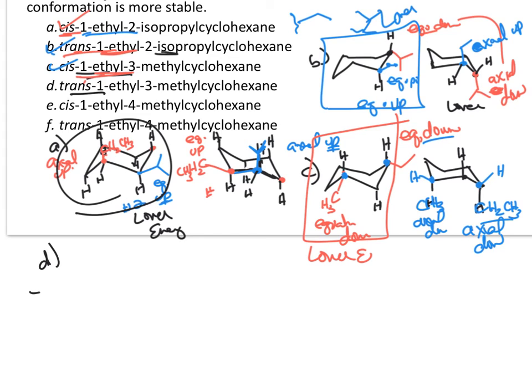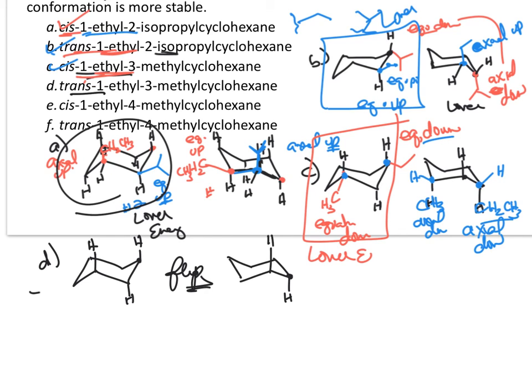D is trans, so let's go ahead and draw our two chairs with the flips. And we're dealing with 1 and 3, so I'm just going to put in the axial for the 1 and 3. This is now our carbon here. If it points down, I make it down.